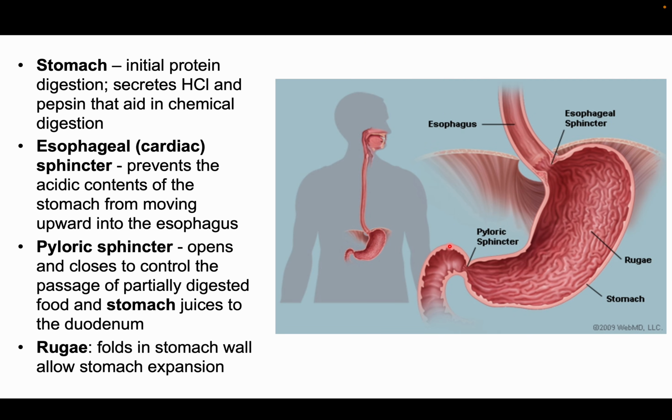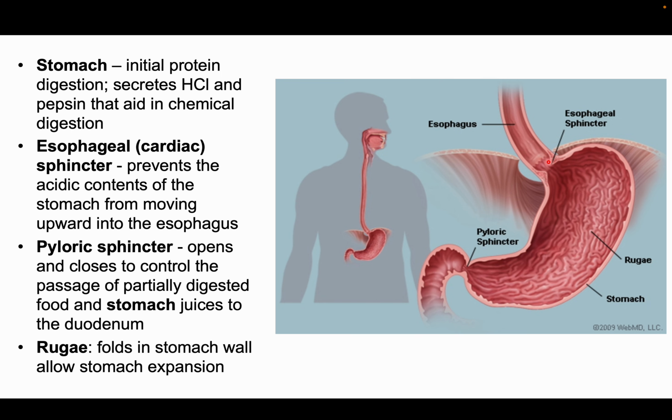All right, so now let's move down the pathway of how food travels through the digestive tract. So, from the esophagus, the food is going to enter into the stomach. We have the initial portion of the stomach. This is a sphincter, and a sphincter is anything that can open and close.